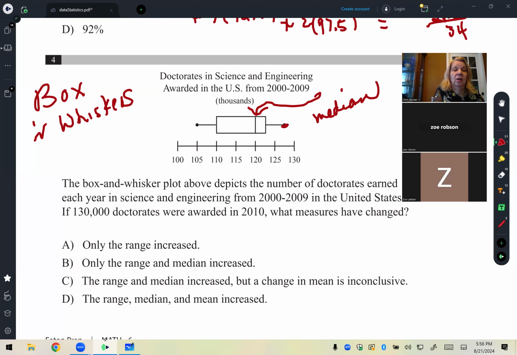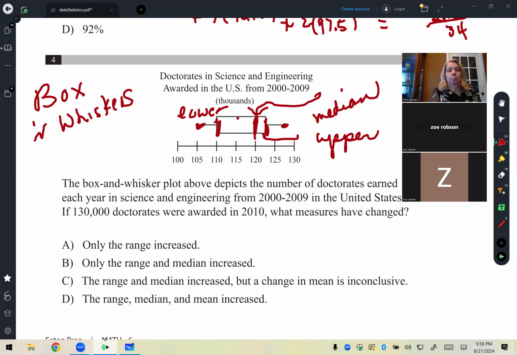Those are your outliers, the whiskers. This is known as the upper quartile. It's like if the median is here, there would be an upper quartile right here. And this would be the lower quartile.